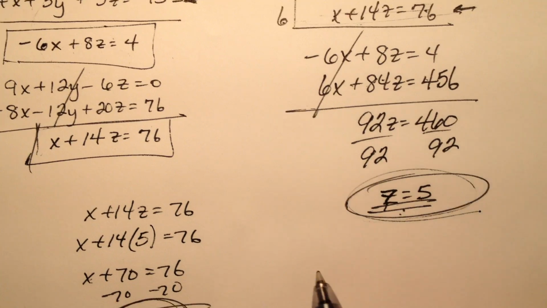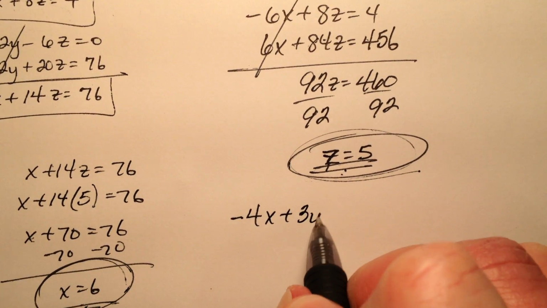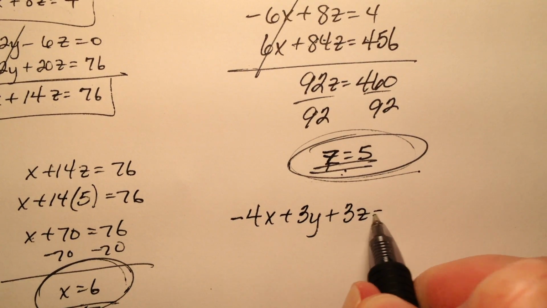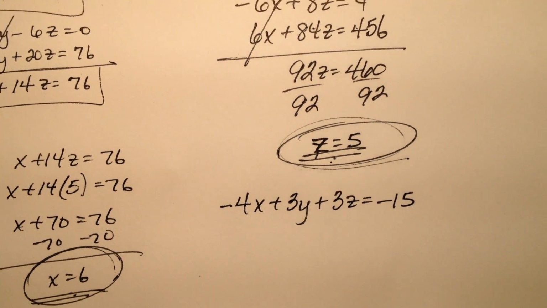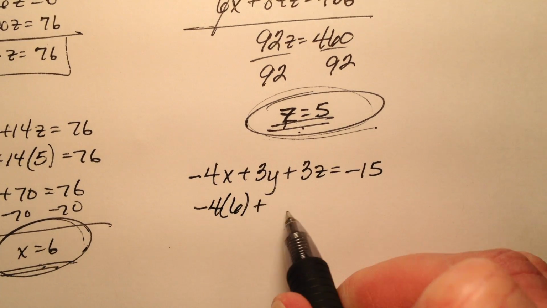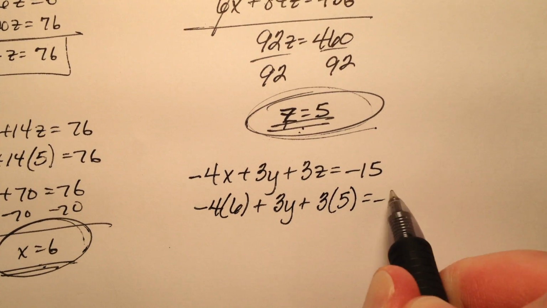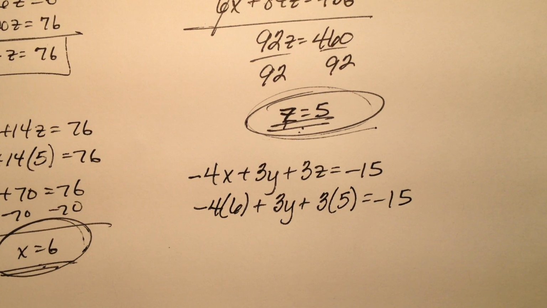Okay, so down here I'm going to rewrite. I had negative 4x plus 3y plus 3z equals negative 15. Well, x was 6. We're solving for y. z was 5, and that makes negative 15.